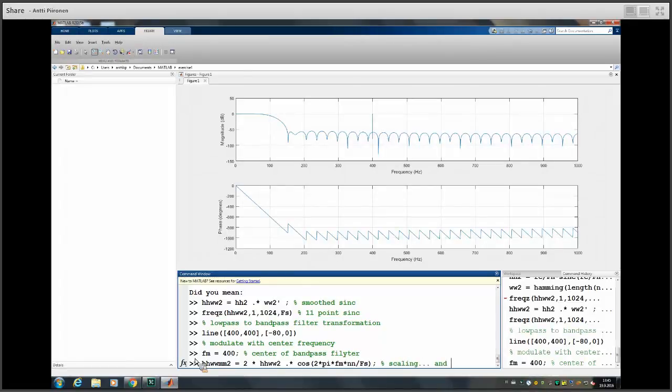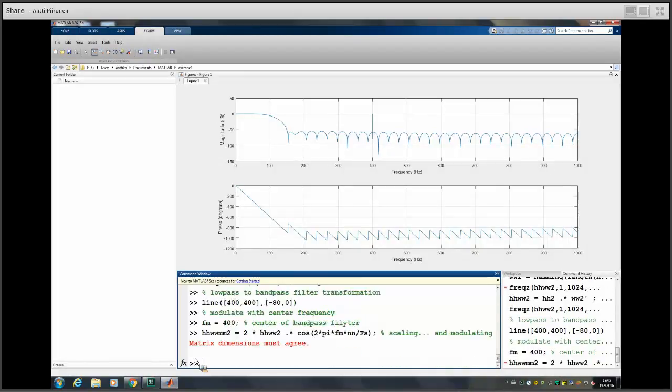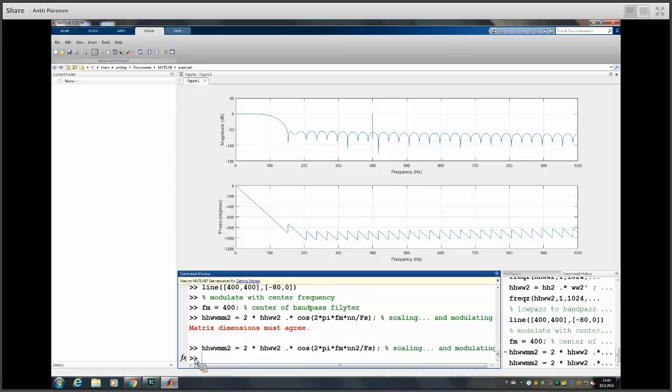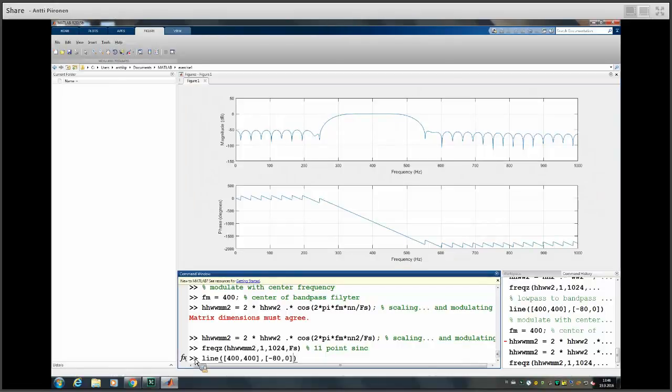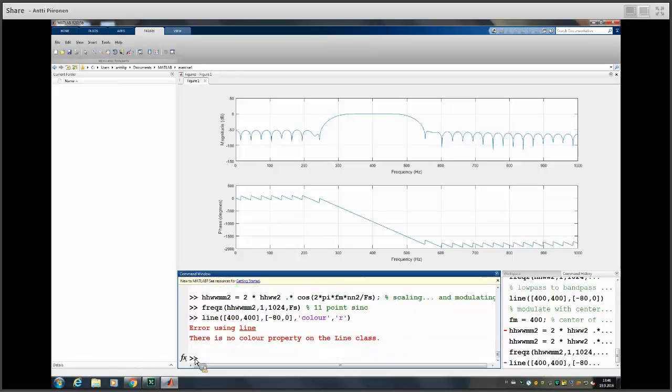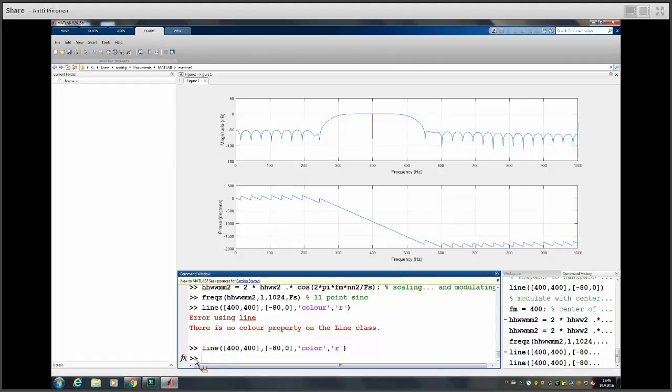Scaling and modulating. Yep, sorry, NN2. There we go. And let's see how close I actually got it. HHWWMM2. Yeehaw. Oops, color. That red line there is now the center frequency at 400 Hz, so that's the modulating frequency.